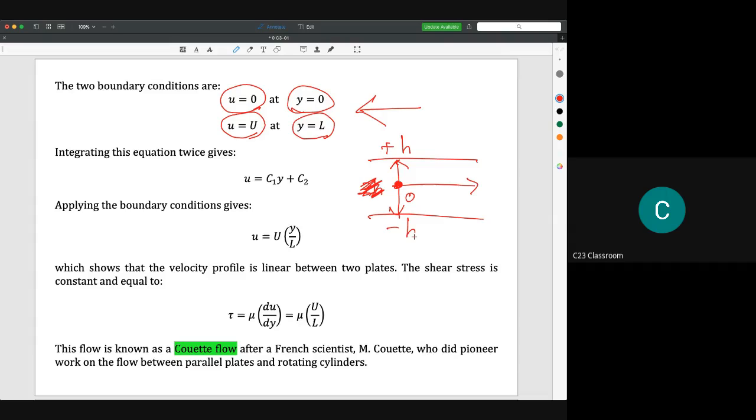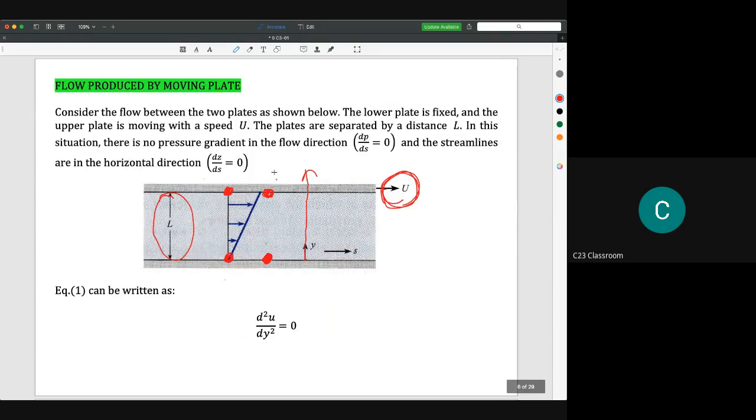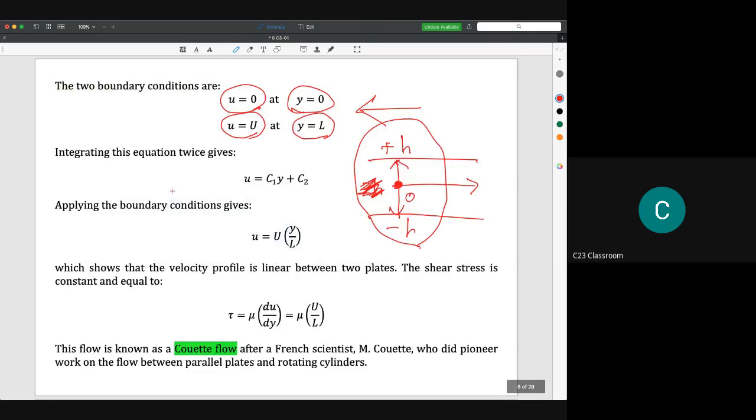In this situation, you need to take y equal to minus h and y equal to plus h, because your velocity distribution needs to reflect the coordinates of your application. So here we have y equal to 0 and y equal to L. Then we have the boundary condition of this one.